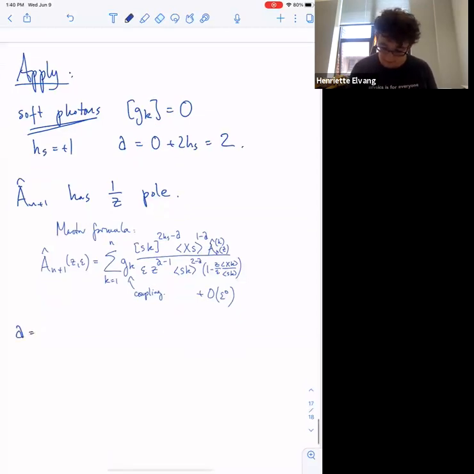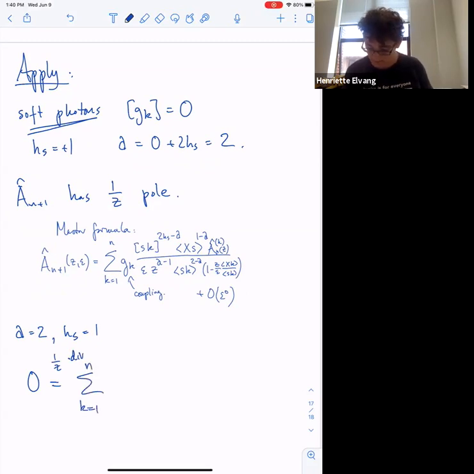I have A equals 2, and I have H_S equals 1, and I plug in and see that the vanishing of the 1 over C divergence, that residue, says that the sum over K equals 1 through N must be equal to whatever the coupling is of particle S, the soft photon, to particle K, times 2 times H_S minus A, that's 2 minus 2, which gives me 0.